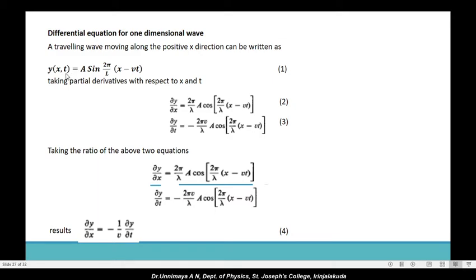So y can be represented by partial derivatives. Dou y by dou x means the partial derivative of y with respect to x, keeping t constant, keeping the other variable constant. That is the partial derivative. Dou y by dou t means the partial derivative of y with respect to t keeping x constant.